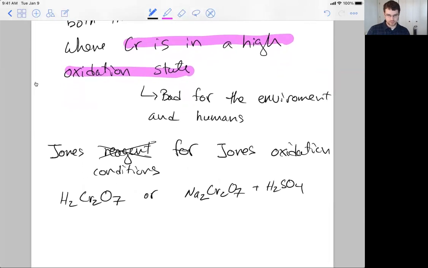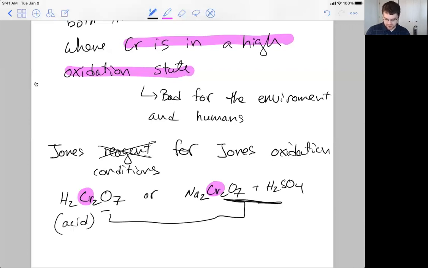So this is an acid that has all the toxicity and carcinogenic aspects that chromium atoms have. Or we can use the salt and then convert it into the acid by mixing in a strong acid like H2SO4. So these are the Jones conditions. When you see either of these sets of conditions, I want you to think Jones oxidation.